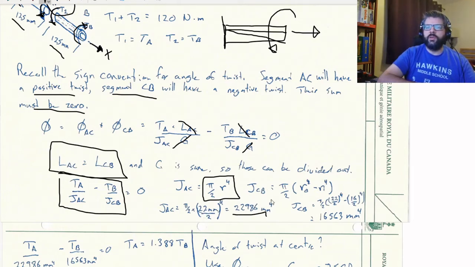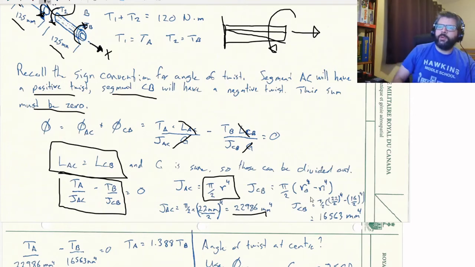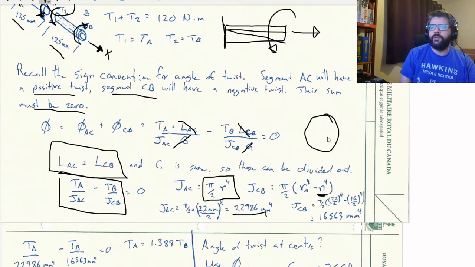And then for the tube portion, it's basically the same thing, except we're subtracting the J for the negative space here. So if this is positive, J is based upon this, and then we subtract the portion based upon here.